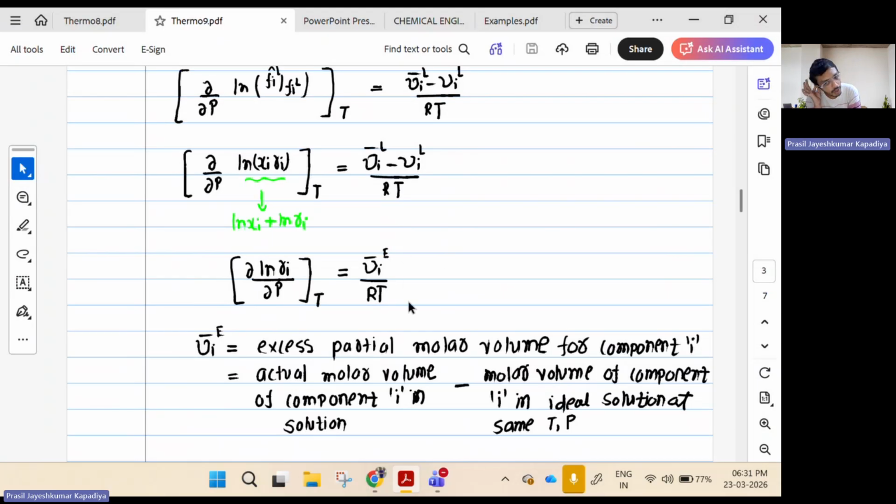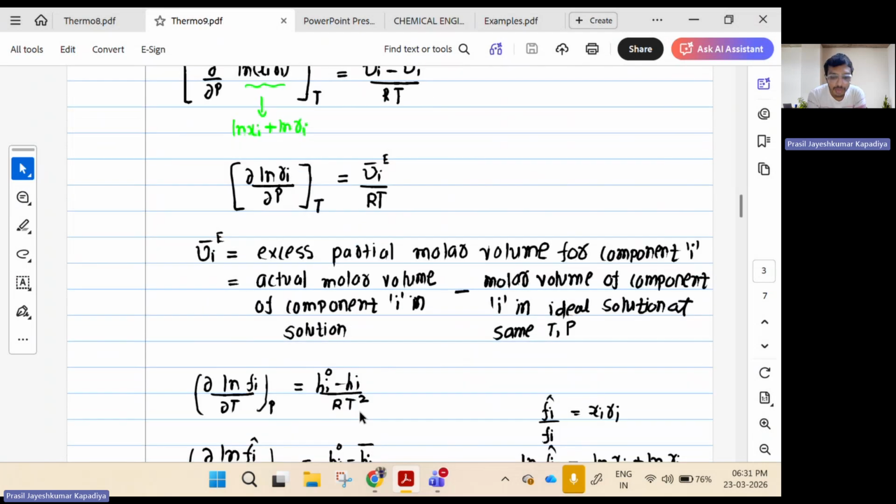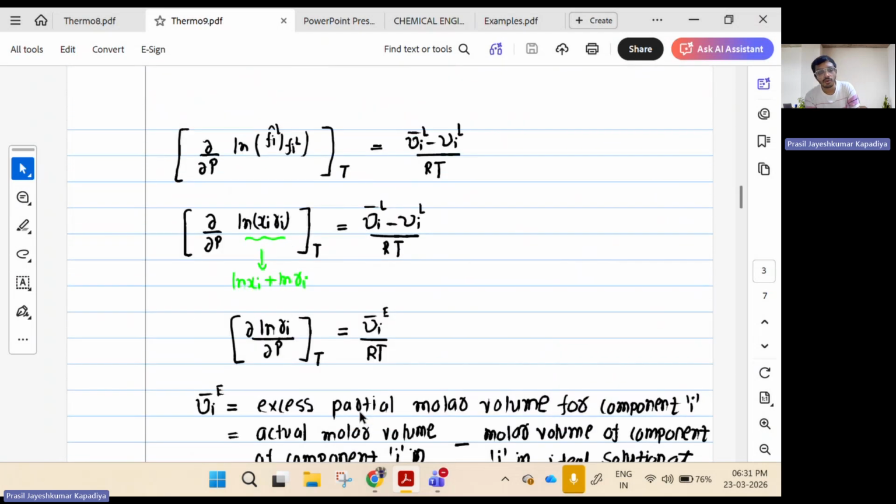So it is nothing but the actual molar volume of component i in the solution minus the molar volume of component i in the ideal solution at the same temperature and pressure. Okay, so this was the effect of pressure on activity coefficient, that is Vi bar excess divided by RT.